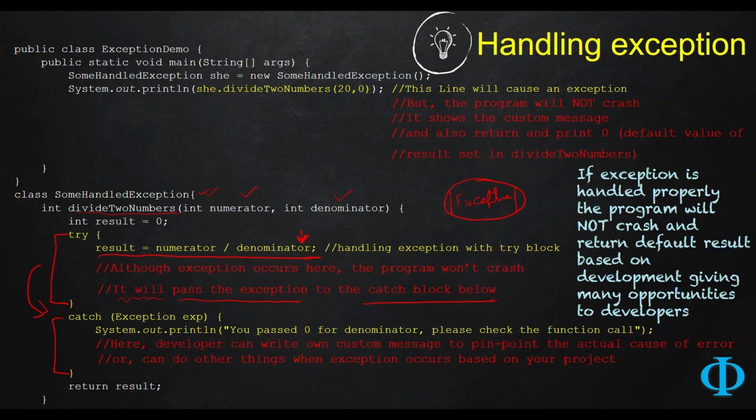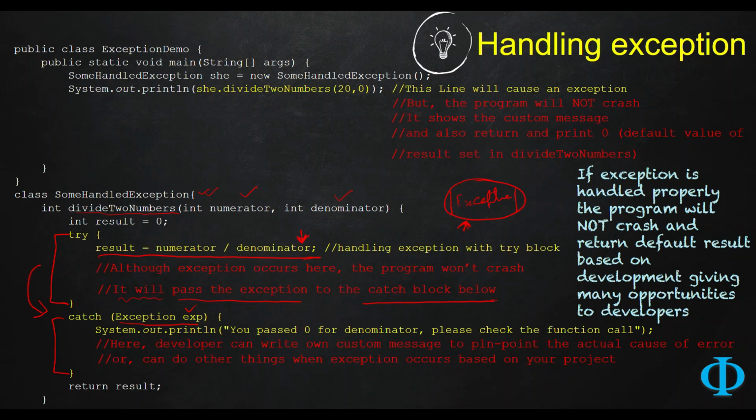And that is the meaning of the catch block: catch basically catches this exception object that has just been created after the denominator is 0. So catch catches this exception in the form of this exception object, and then handles it.